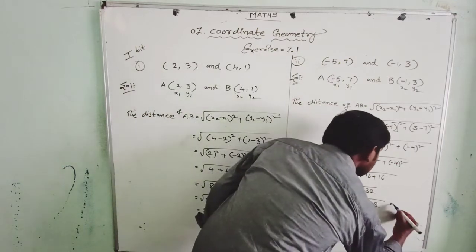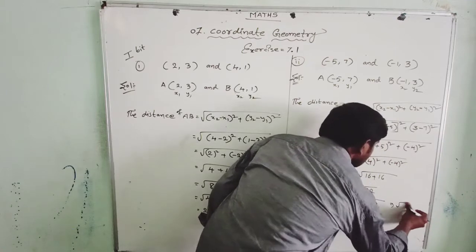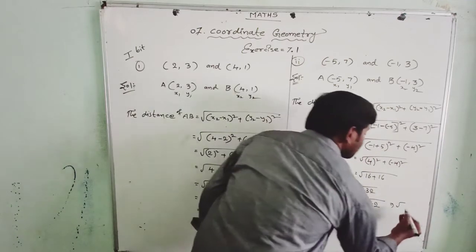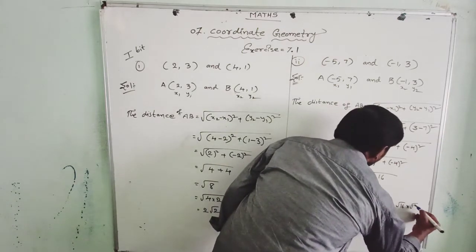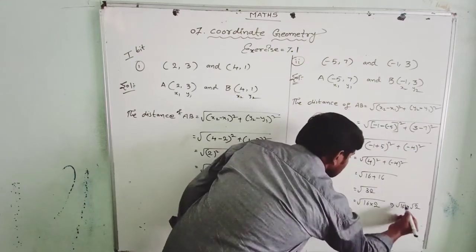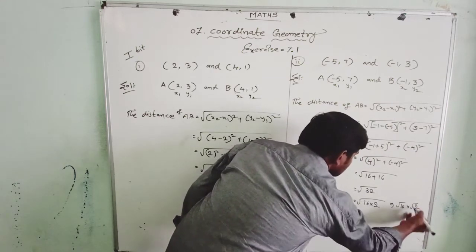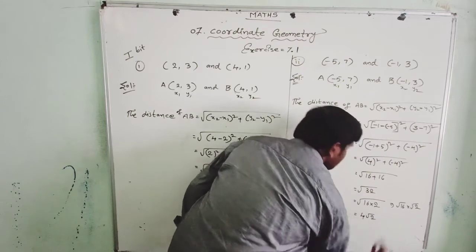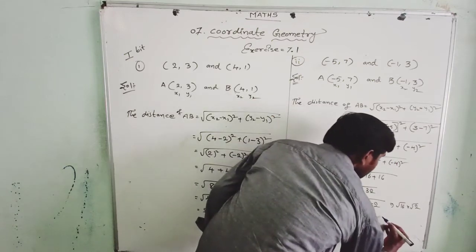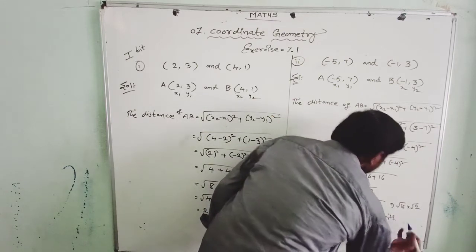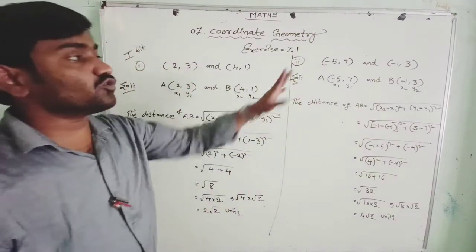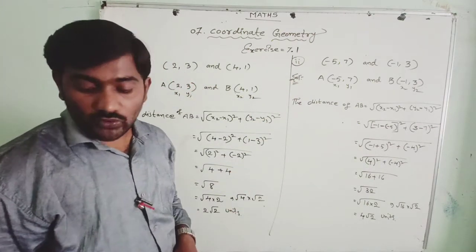So this can be written as under root of 16 into 2, which is root 16 into root 2, where root 16 value is 4 and root 2 is an irrational number, so 4 root 2 units. The distance between the given 2 points is 4 root 2 units.